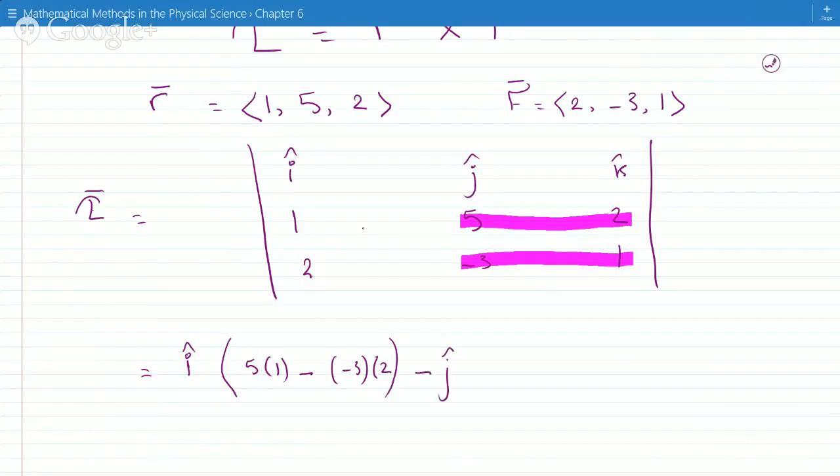And then we go to the next component, so it goes minus j due to the sign of the cofactors.